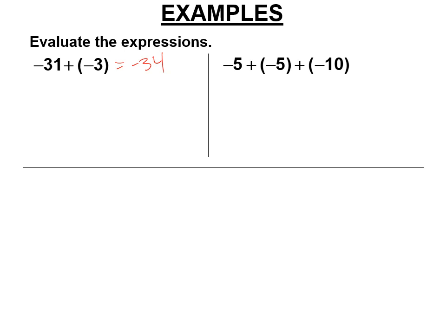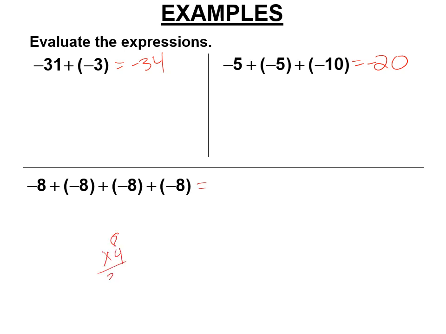You can add those in any order. Commutative property of addition, which says you can add things in any order, applies to negatives. So -5 plus -5 is -10, and -10 plus -10 is -20. -8 plus -8 plus -8 is, well, is there a shortcut here? Yeah. 8 times 4 is 32.